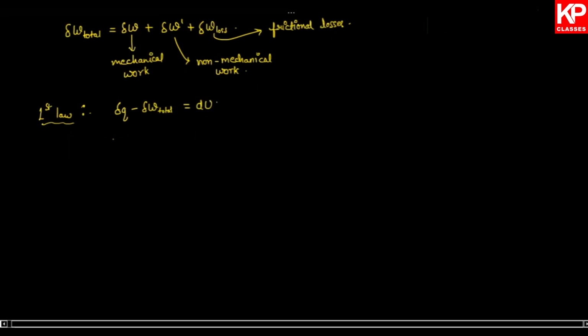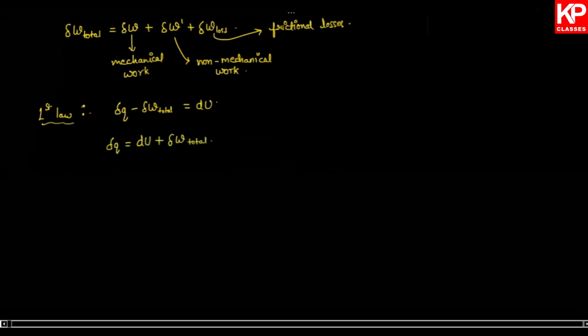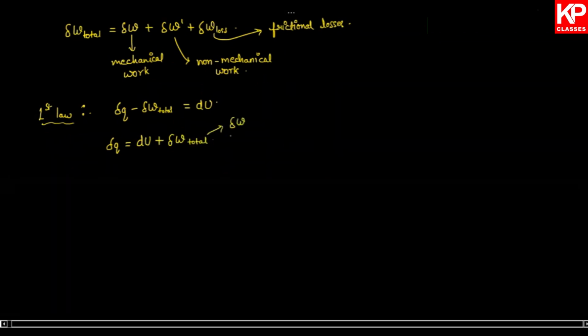Now del Q can also be written as dU plus del W total. And this del W total is nothing but del W, del W dash, and del W loss. This is the sum of all these three work terms. It is represented as del W total.